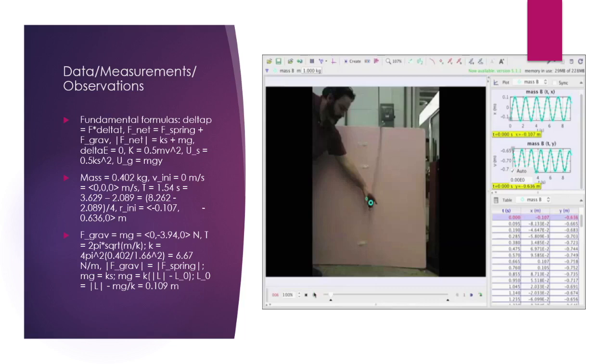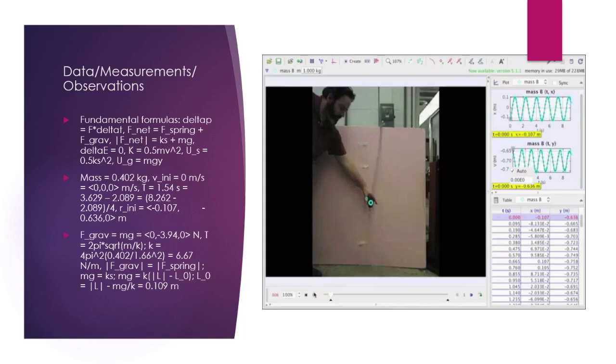Delta E is equal to 0, meaning that the change in energy is 0, because the energy principle shows that the energy is conserved. K is equal to 0.5 mv squared, which is the kinetic energy formula. And then the spring potential is equal to 0.5 ks squared, and the gravity potential energy is mass times gravity times height.